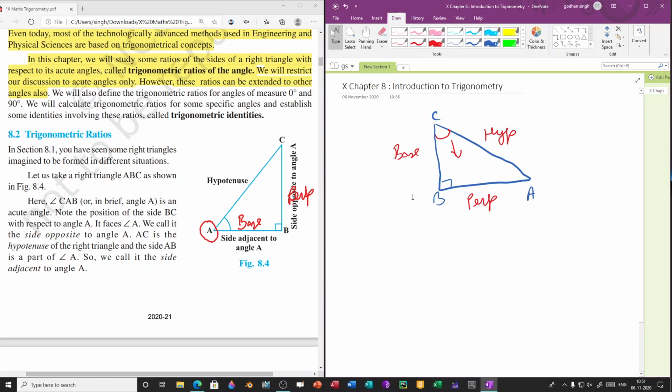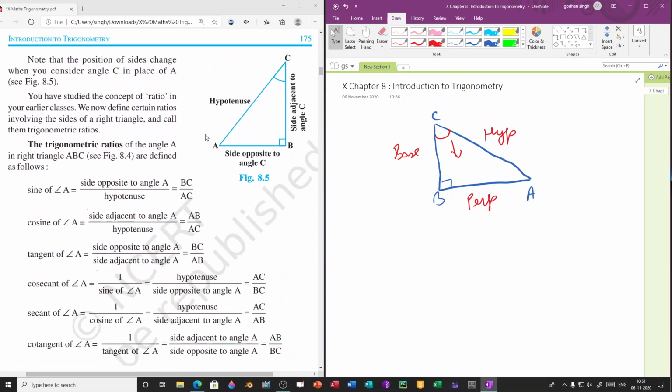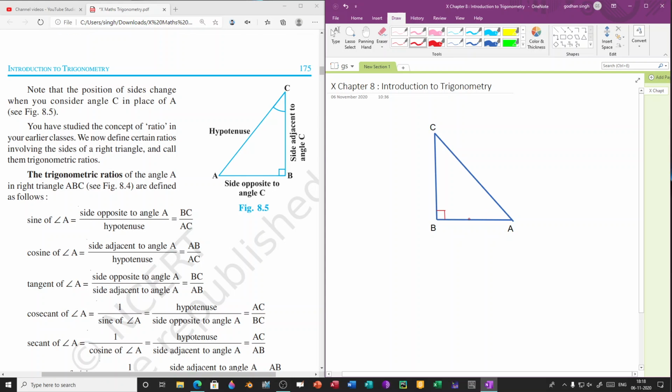Now, as we have seen, we have to learn the ratios of the sides of a right angle triangle with respect to its acute angles. So we will be going into that. Trigonometric ratios: let us consider angle A in right triangle ABC.